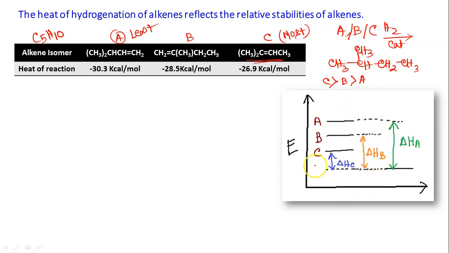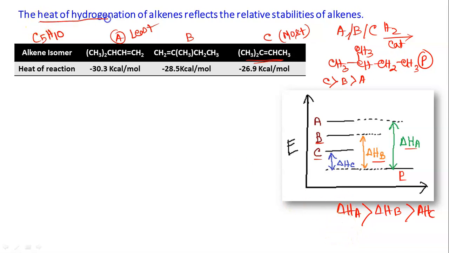Now if you look at this energy diagram, this is the final product, suppose it is product P, and this is the energy of P. Now see the energy difference of C and P is del HC, the energy difference for B and P is del HB, and for A and P is del HA. So here we see that del HA is greater, after that del HB and del HC. So the higher the stability of the alkene, the lower the heat of hydrogenation.